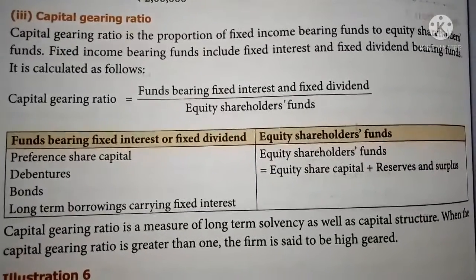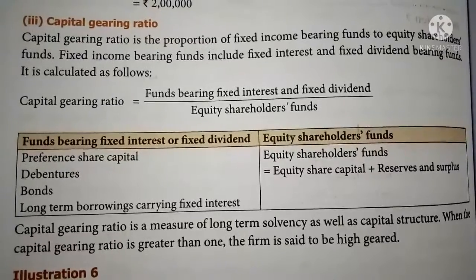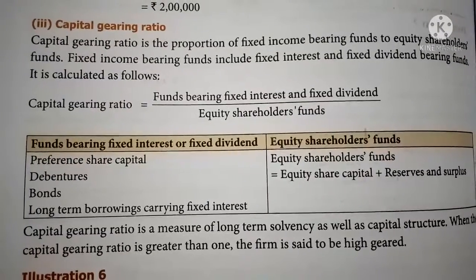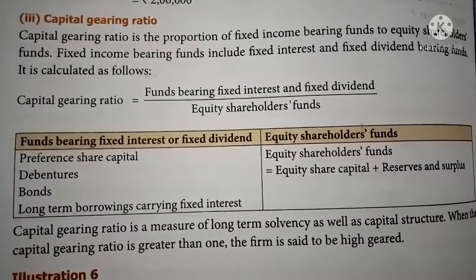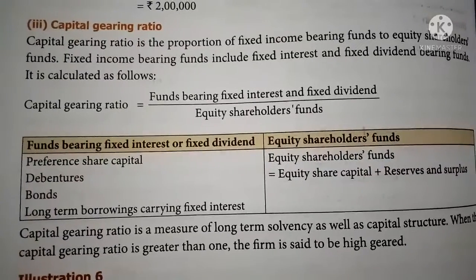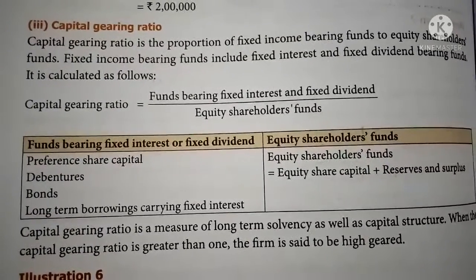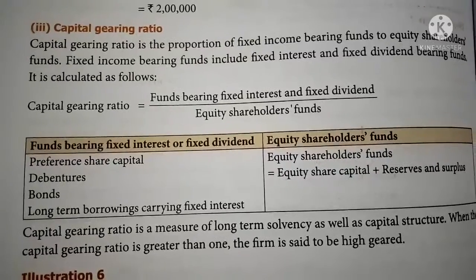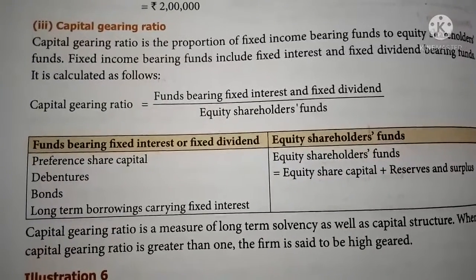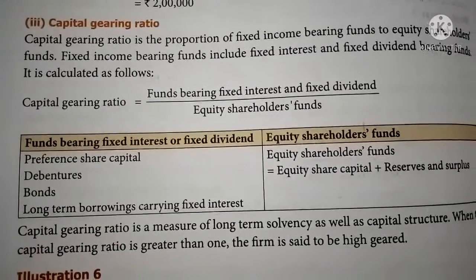In the case of funds bearing fixed interest and dividend, it means percentage preference share capital, percentage debentures, bonds, and long-term borrowings. All these are fixed interest bearing funds, and fixed dividend in the case of preference share capital.